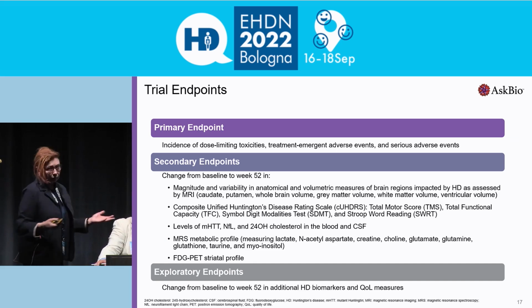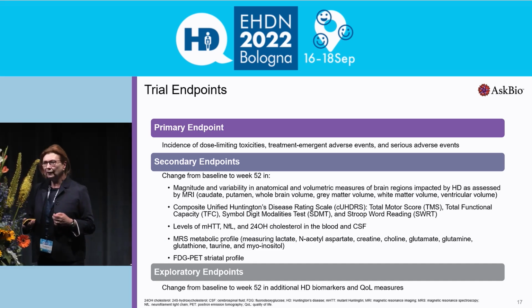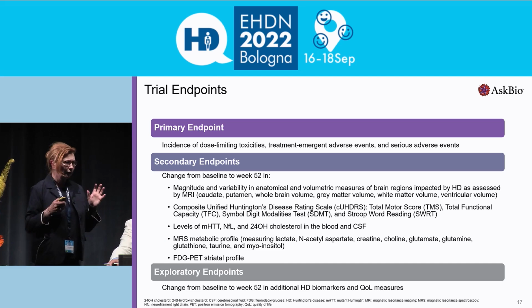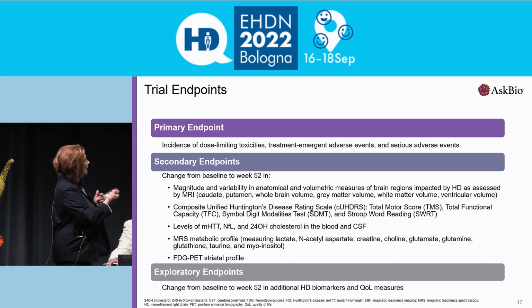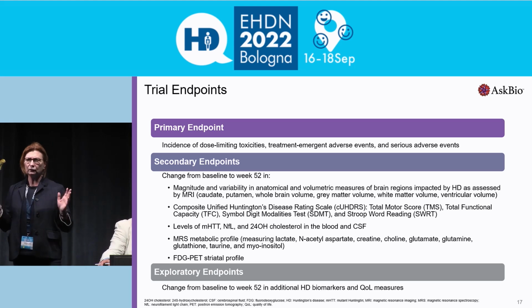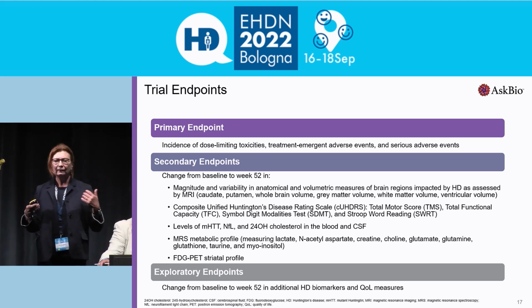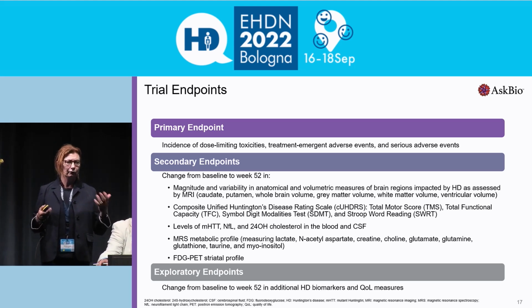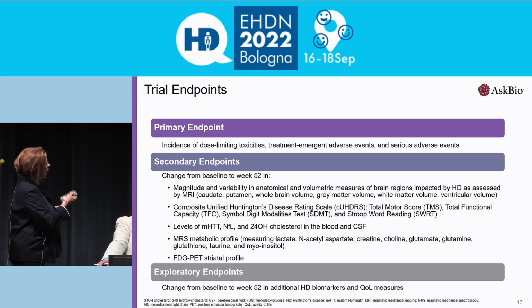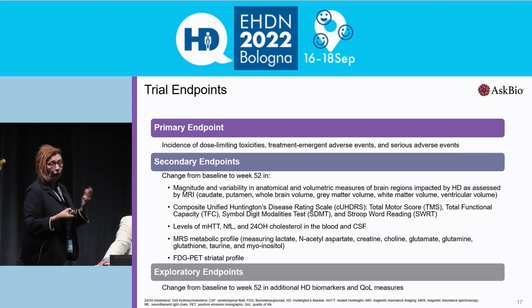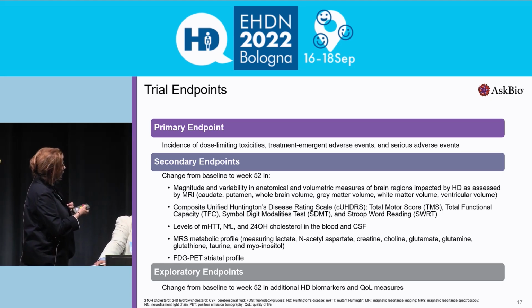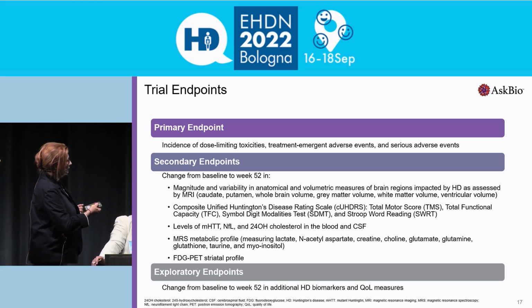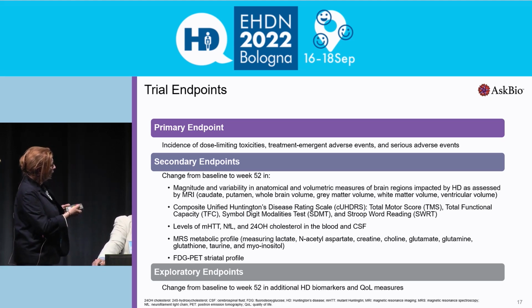In terms of endpoints, of course, the primary endpoint is safety, and we have a lot of follow-up in terms of clinics, imaging, and biological follow-up, particularly imaging, a lot of different sequences to really document the images that, as you know, have sometimes been found in this kind of trial with intracerebral delivery. In terms of secondary endpoints, of course, the volumes of the different structures of the brain, the different clinical parameters, the NFL, the mutant Huntingtin, and the 24-hydroxycholesterol in blood and CSF.